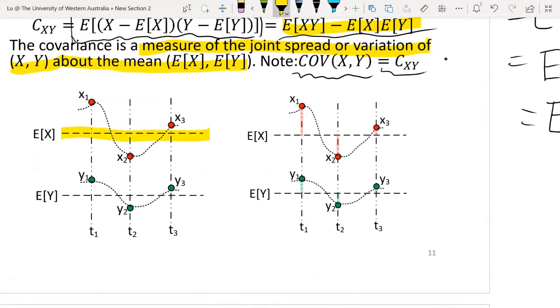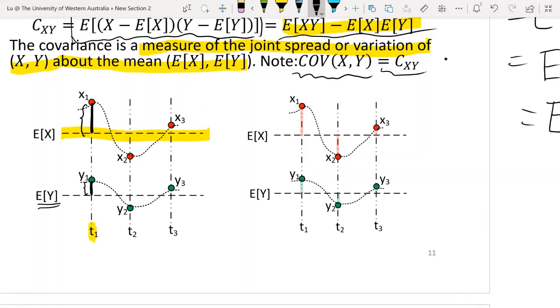Of course, for the random variable itself, the values will be different time by time. For example, at the moment T1, we got the value of the X sample at X1, and the distance between the X1 value and the mean value of X is this. In the meantime, regarding another random variable Y here, the mean value of Y is given here, and at the same time T1, the sample value Y1 has the distance to the mean value like this.